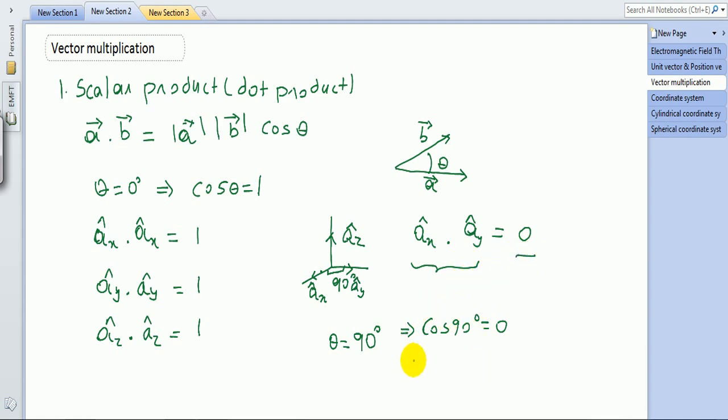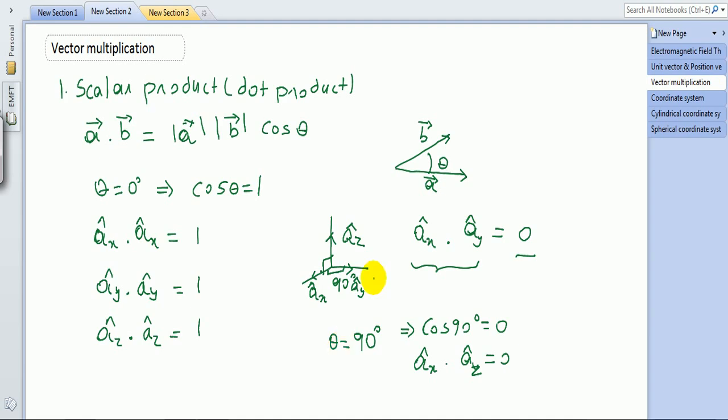Similarly, if I do the dot product ax cap dot az cap, it also becomes 0, as x and z are 90 degrees apart. If I do ay dot az or az dot ax, I get the same result of 0, because ax cap, ay cap and az cap are all mutually perpendicular to each other.